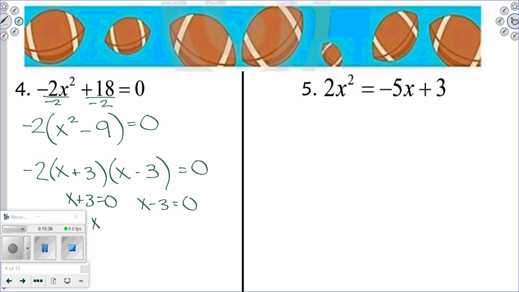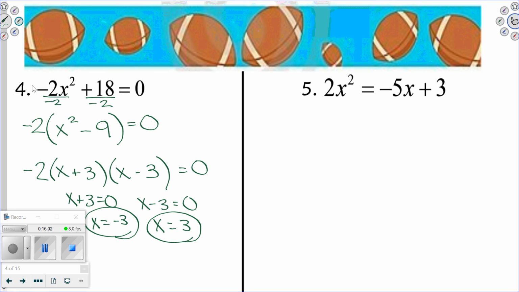So solving here, this one will give you x equals -3. Add 3 to the other side. X equals +3. I see people all the time, they'll write x equals 3, -3, and -2. I'm like, how many answers should you have had? 2. Okay, not 3.